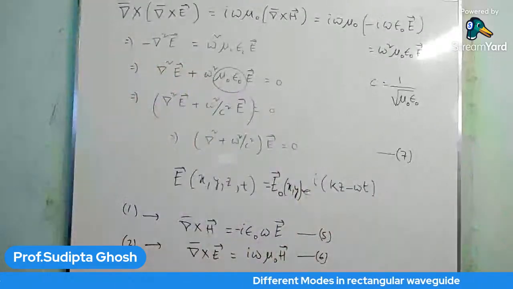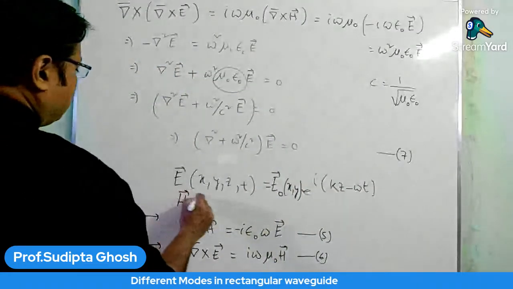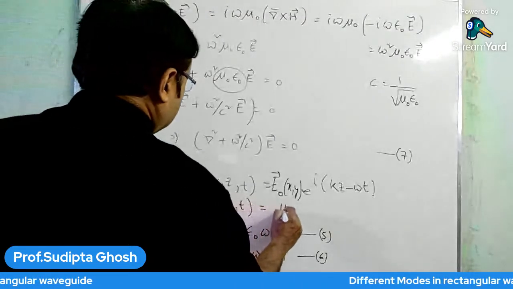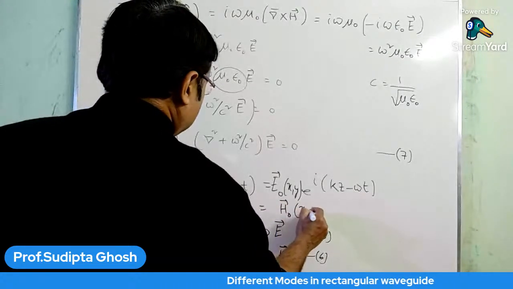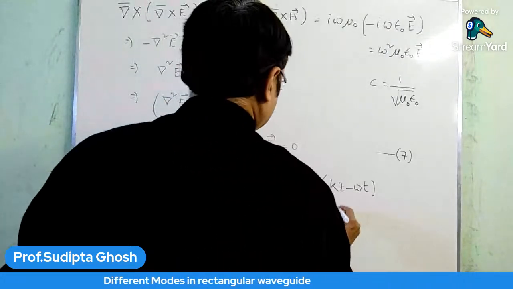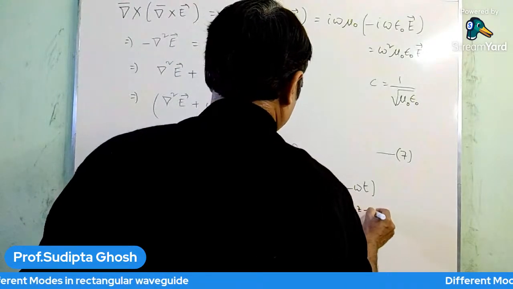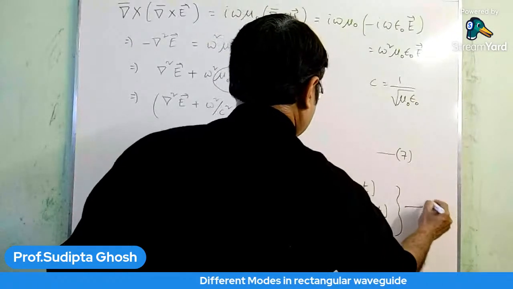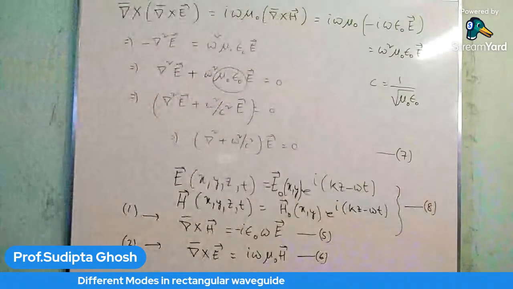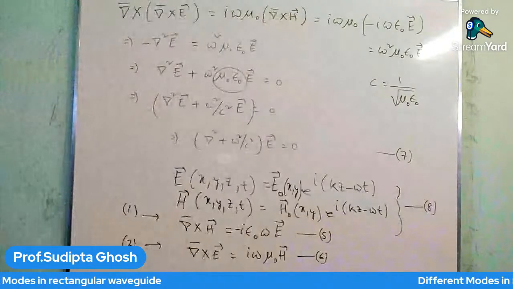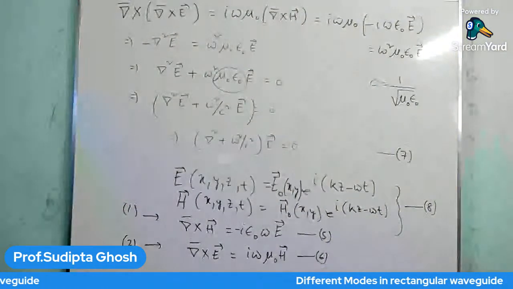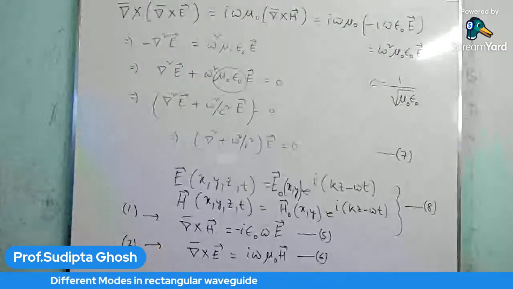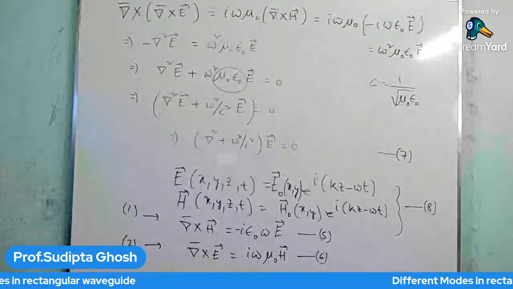For the magnetic field, a similar equation is applicable: H of x, y, z, t is h0, again a function of x and y, times e to the power I kz minus omega t. Let these two equations be equation number 8. We are seeking this type of solution as we are considering the waves propagating along the z-axis, which is the axis of the waveguide.